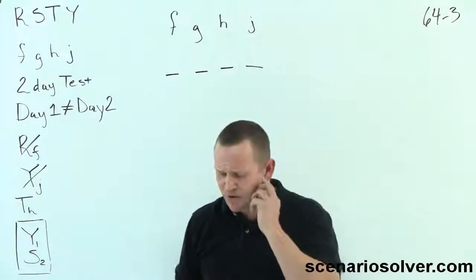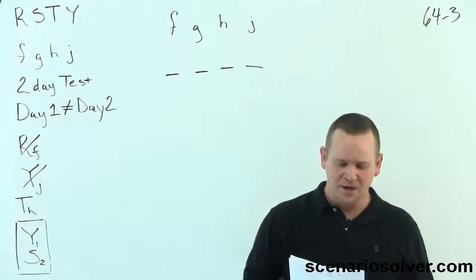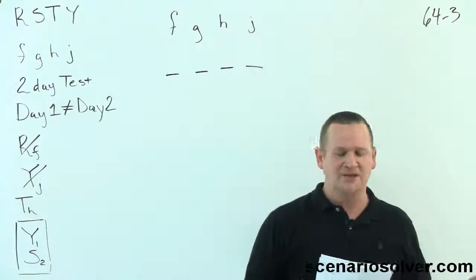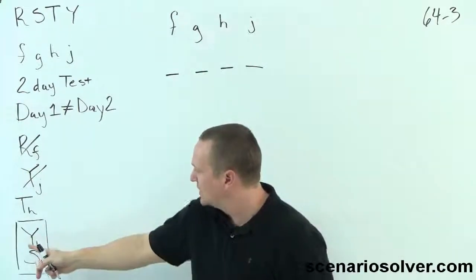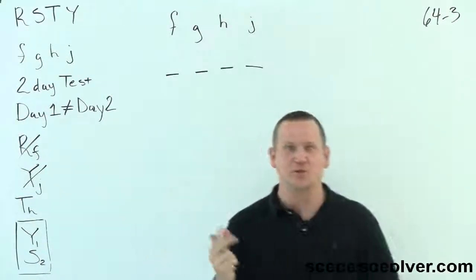And then the last rule, the bicycle that Y tests on the first day must be the same bicycle tested by S on the second day. So it's really just a block. Y1 equals S2, so it's a vertical block.